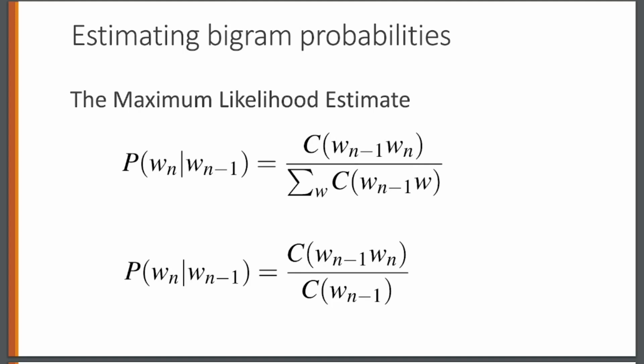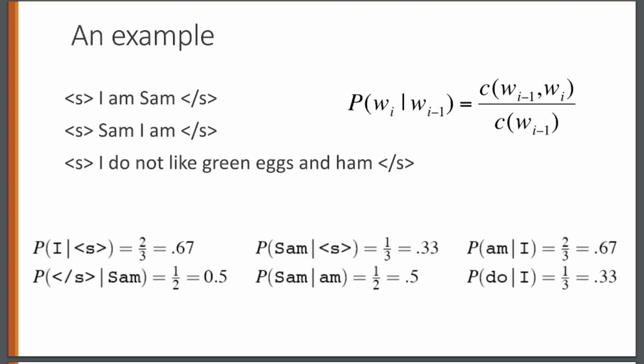And you might notice that the denominator in this division is going to be a lot of work to count out. Fortunately, it turns out that this is equivalent to counting the occurrence of the bigram divided by the occurrence of the first word in the sequence, W sub n minus 1.